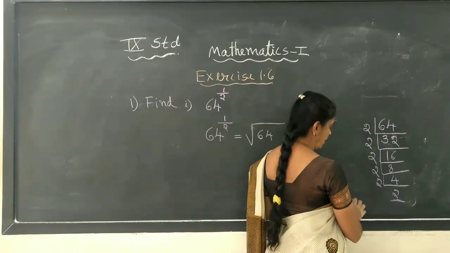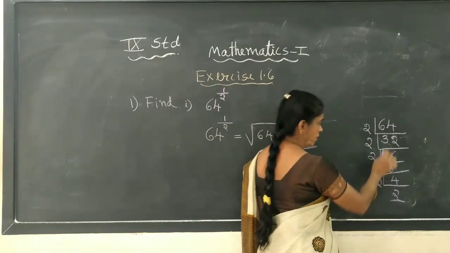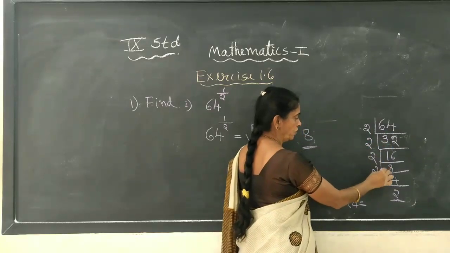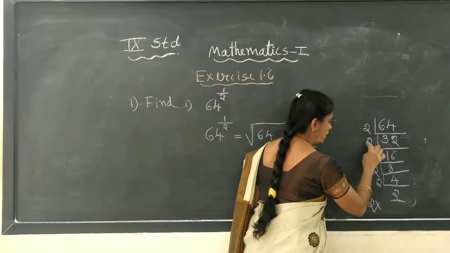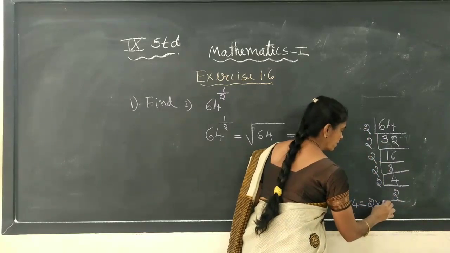So here, how many times is 2 there? 64 can be written as 2 into 2 into 2 into 2 into 2 into 2. How many 2s are multiplied? 1, 2, 3, 4, 5, 6.